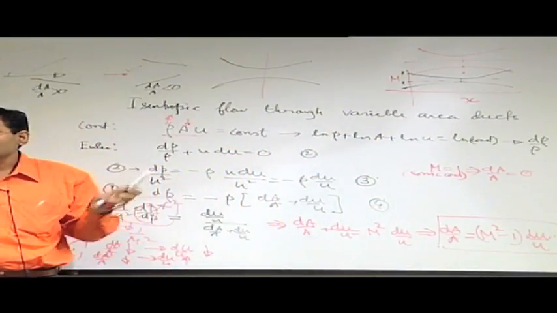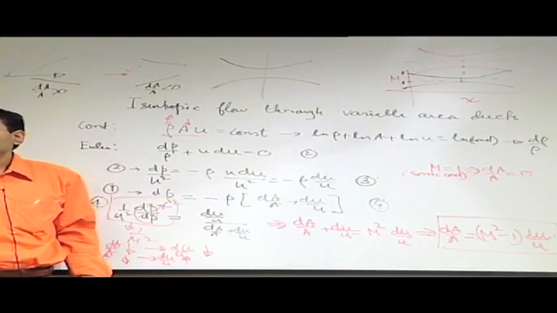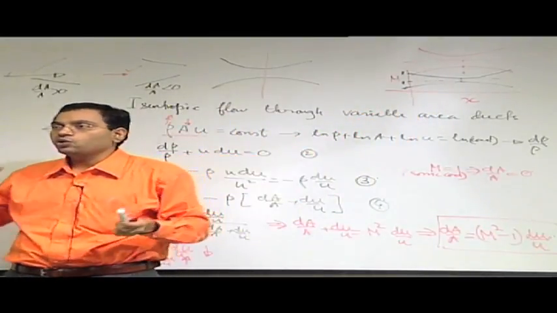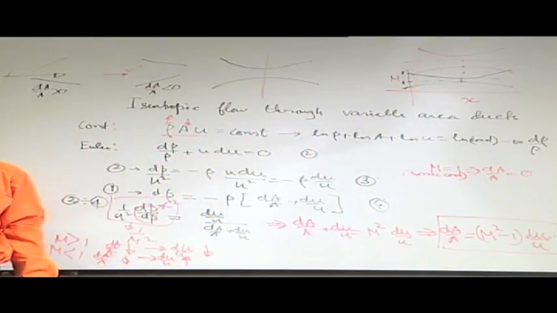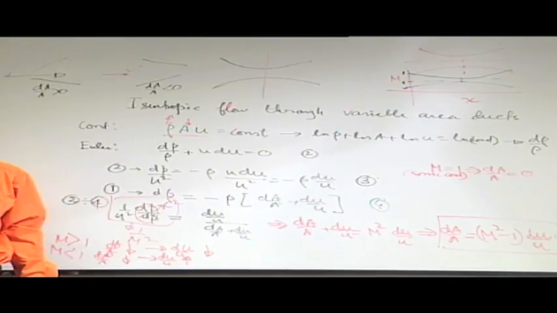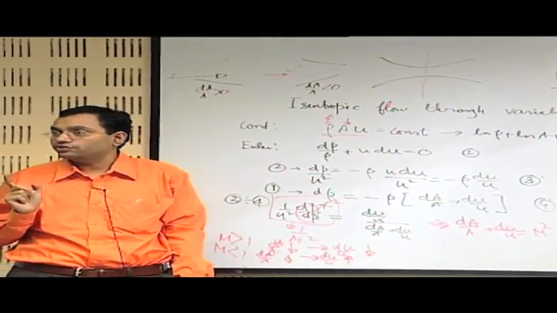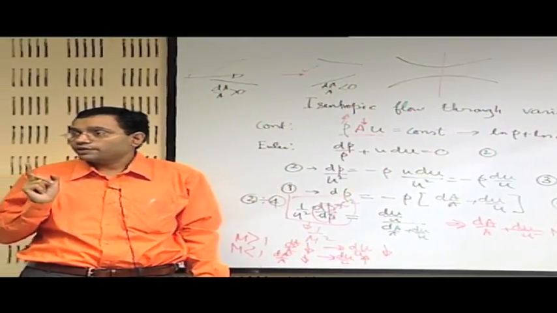So from this we conclude a very important thing. It is not necessary that at the throat, this location of minimum area, we will always have Mach number equal to 1, but the converse is true. If we have at some location the Mach number equal to 1, that must be at the throat, okay.